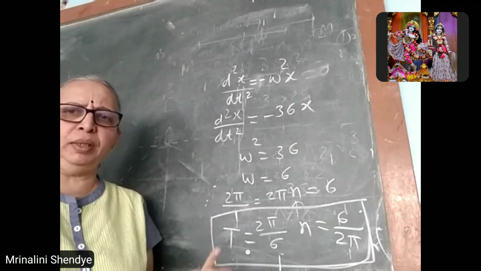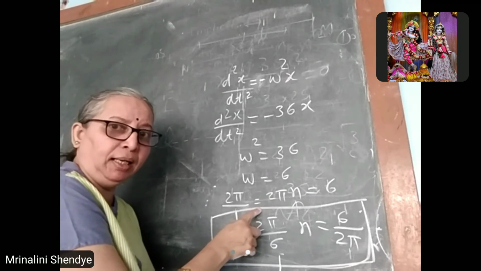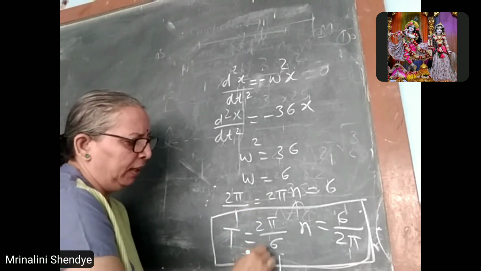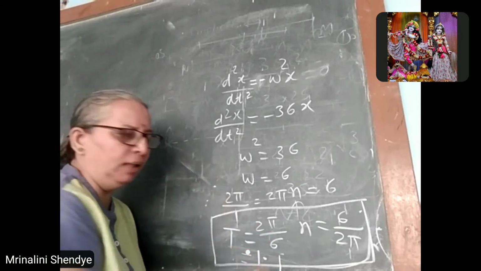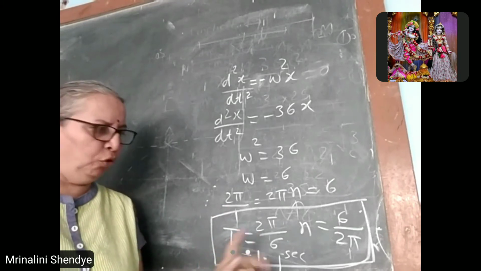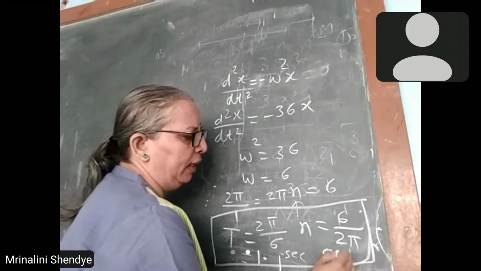Rearrange करो तो भी चलता है, 3.14 है यानी कि 6 point something आएगा, so 6 point something upon 6, so periodic time will be greater than 1, 1 point something second आएगा. Take reciprocal of T, you will get n. So this n will be 0 point something in hertz.